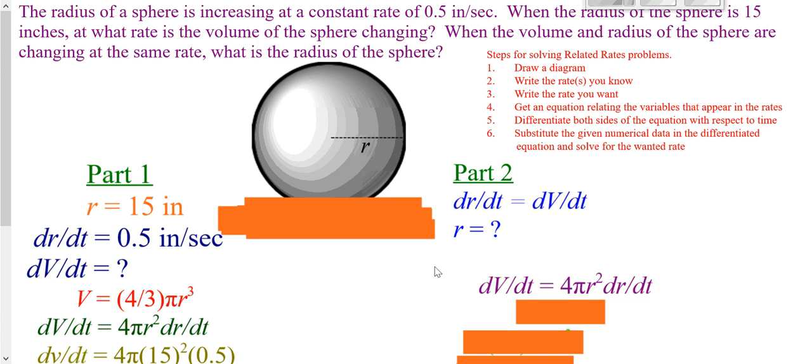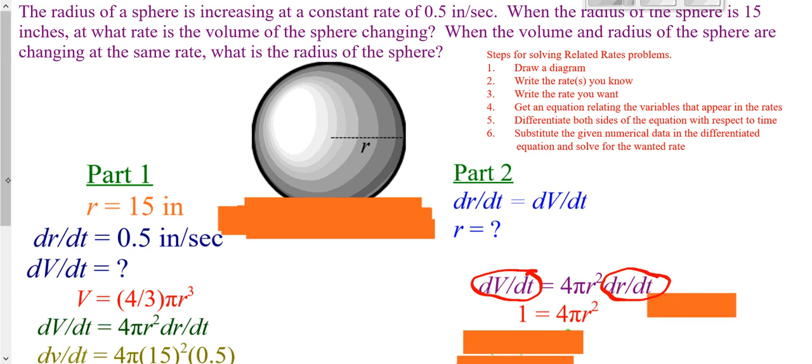Now, if we have two things that are identical, because you're told that this is equal to this, you could divide both sides by them because they're both the same. If they're both 7, you divide by 7. If they're both 8, you divide by 8. They basically disappear, so you get 1 on the left is equal to 4 pi r squared.